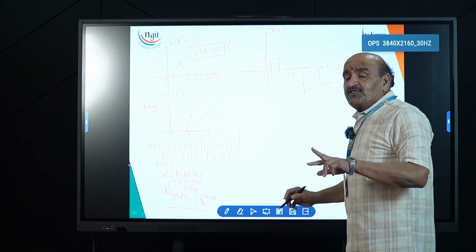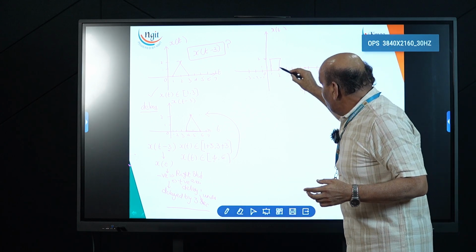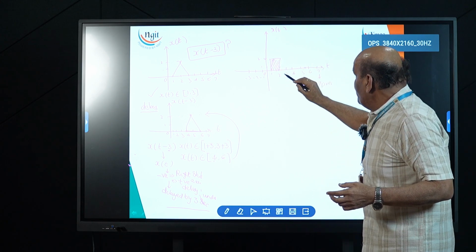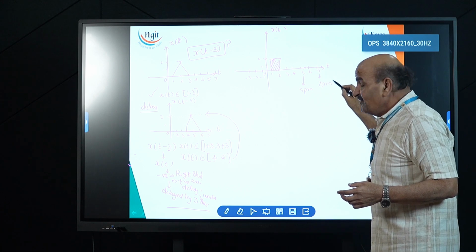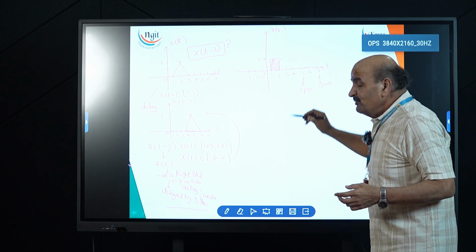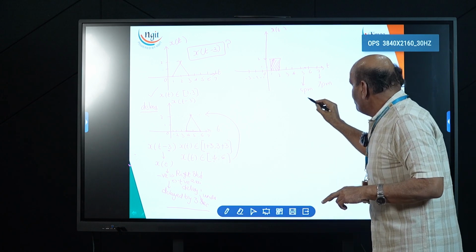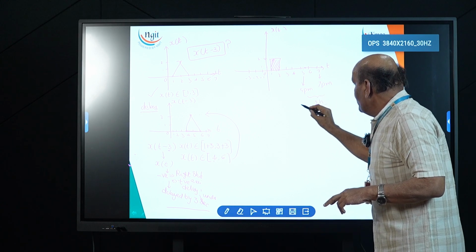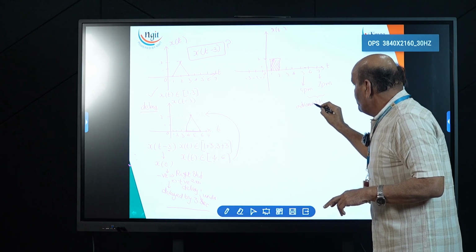Look at the reverse concept of the previous one. The train is at Secunderabad station. It has to arrive in Bangalore by 7 p.m. But fortunately, the train advances by 2 hours, that is 5 p.m. So the difference is how many hours? 2 hours. Here we call it advance.